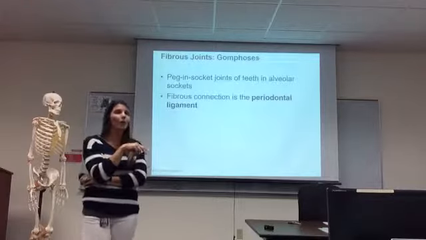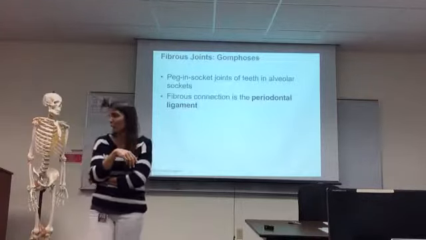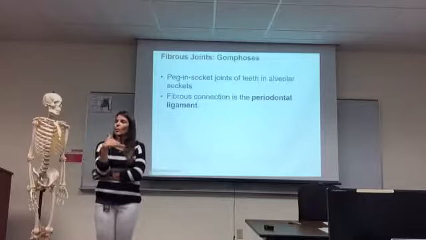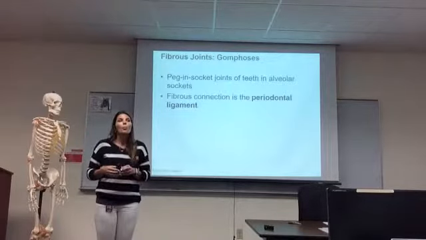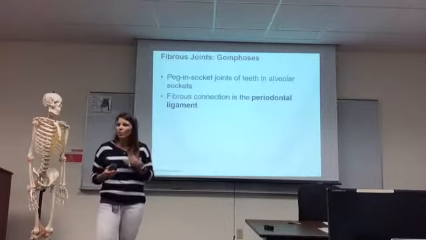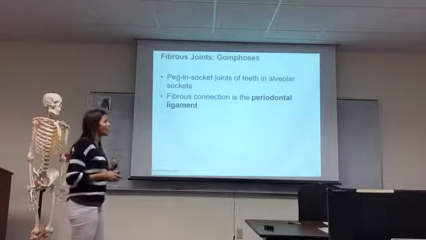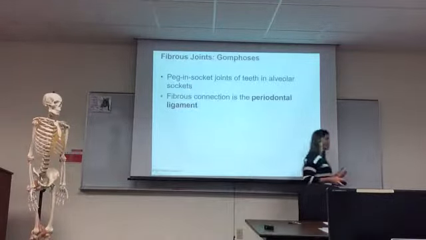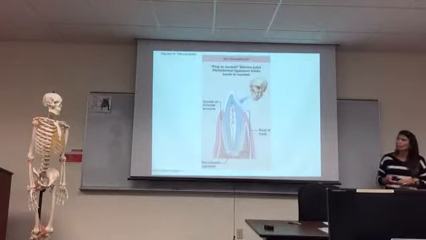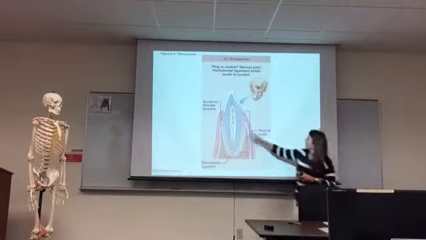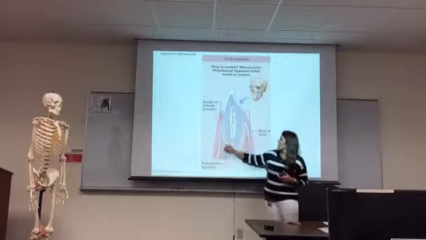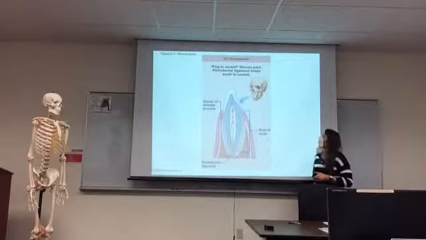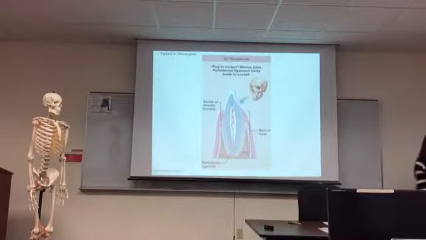And there's quite a few correlational studies that will show that. So that's one of those things where you observe your patient and you try to read into it. But those periodontal ligaments are what holds your teeth in place. So the more oral infections you have, the looser those ligaments become, the more likely you are to lose your teeth. So here you have that ligament right there, and each tooth has it, holding it in place.